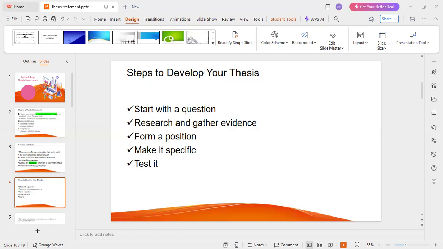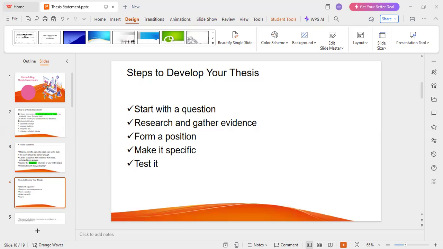And also there is this concept of learning and unlearning. Sometimes you have to unlearn what you have learned as well when you are doing a postgraduate degree, because you are coming up with new arguments. Then you may realize, oh, what I thought to be correct is incorrect.